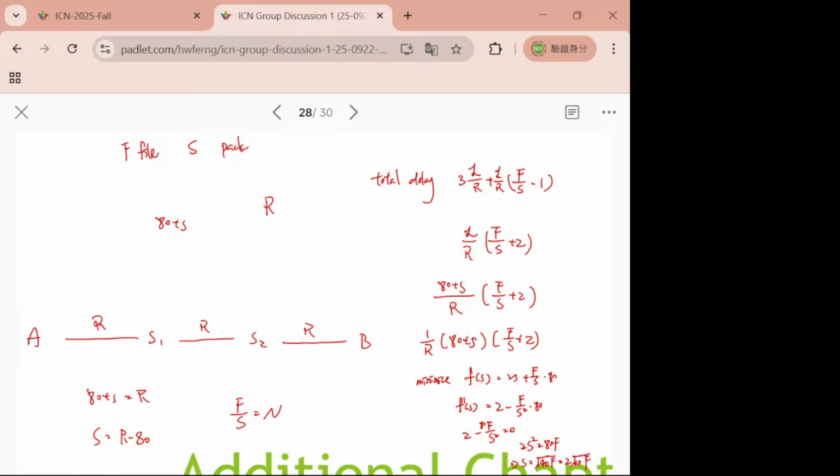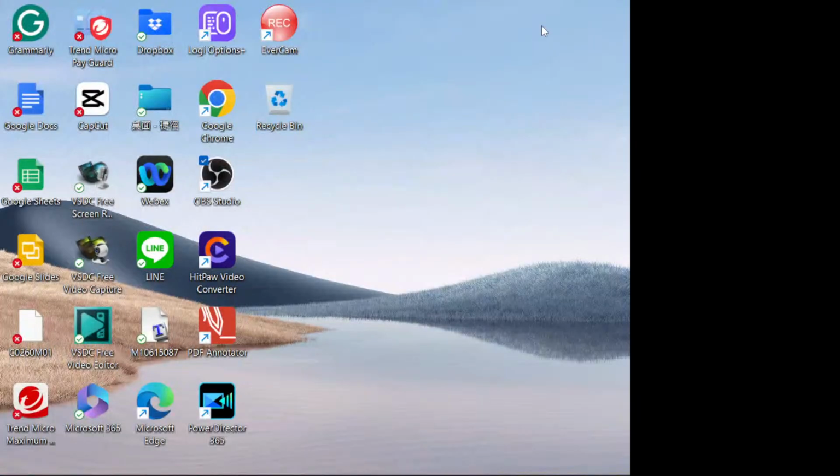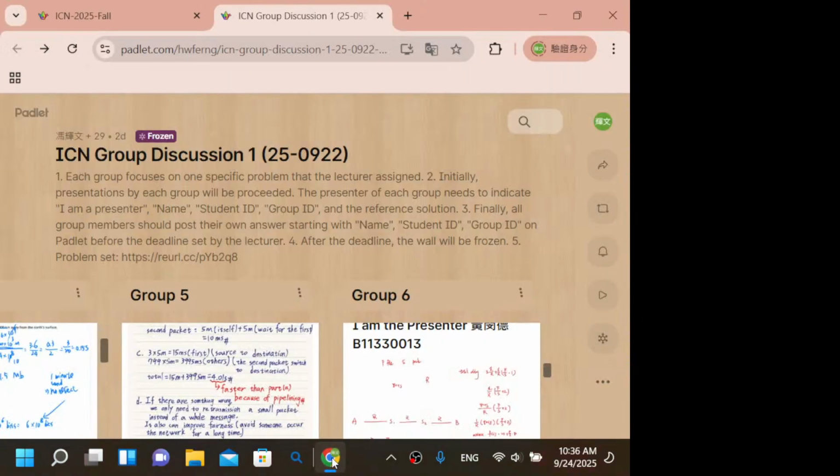And right now, let me switch back to our PPT slide to have the solutions. Later, I try to emphasize each group to focus on your answer, correct or not. All right, group 1, 2, 3, 4, 5, and 6 for each problem.